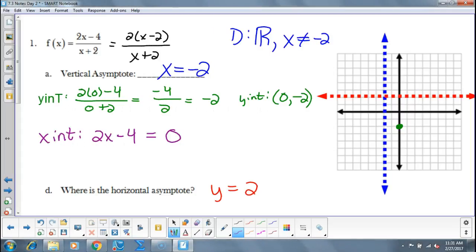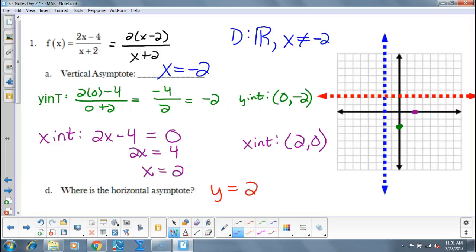How am I going to solve that? Add 4 to both sides. 2x equals 4. Divide by 2, x equals 2. So what's my x-intercept? (2, 0). Any other possible x-intercepts? No. There should only be 1 because the degree of the numerator was 1.